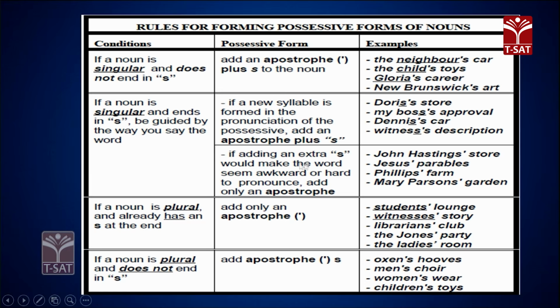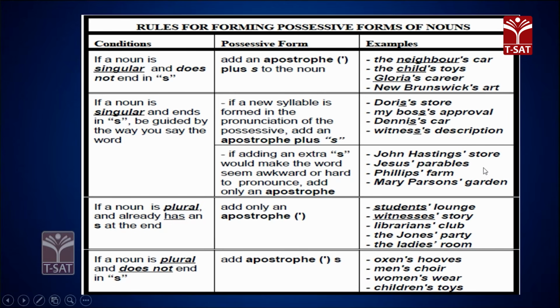If adding an extra s would make the word seem awkward or hard to pronounce, add only an apostrophe, right? For a word ending with s, if the pronunciation is going to be a little bit odd when you add apostrophe plus s, then we have to add only an apostrophe. John Hastings' store.